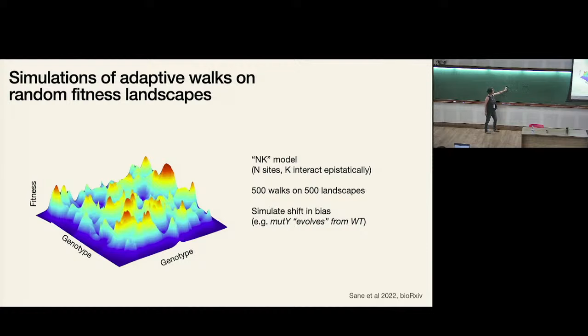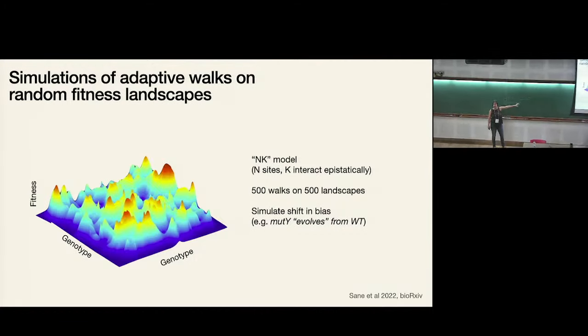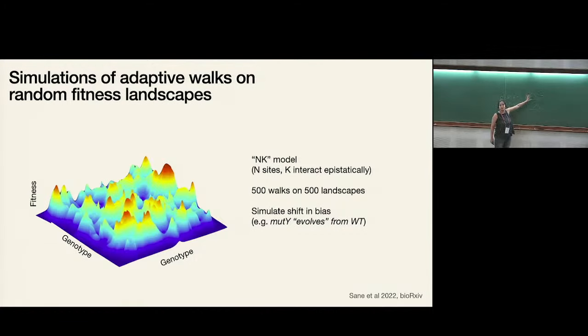But that DFE may or may not be different for those depending on what the landscape looks like, because the DFE here is not a known fact, it's being derived given the landscape. So in the wild type, these proportions are a little more balanced, but in the mutator, this is a very stark difference. The mutator samples 95% transversions, more or less, compared to the wild type sampling 45% transversions.